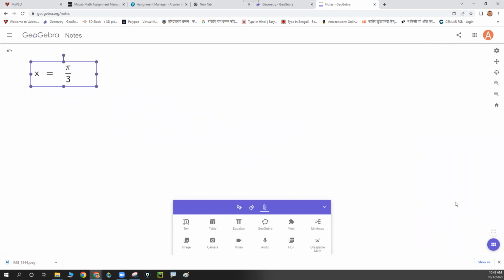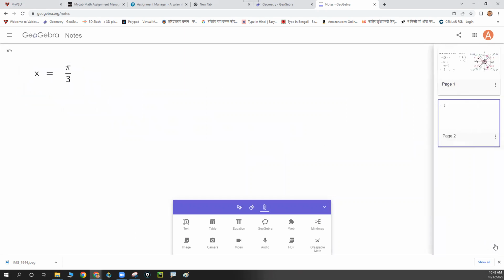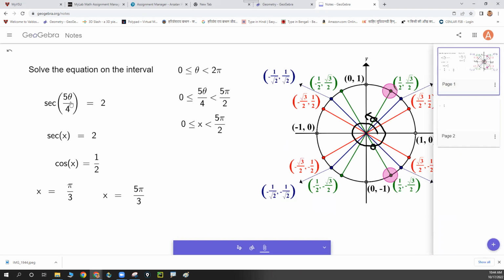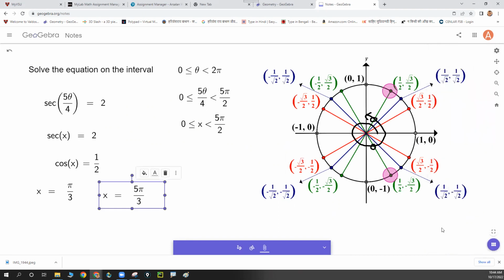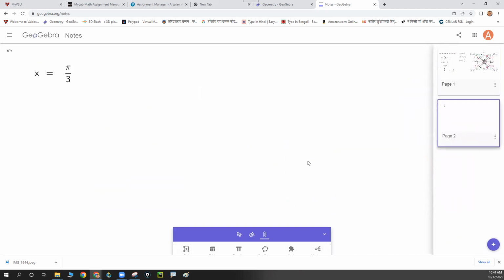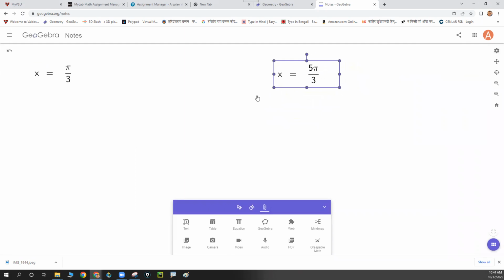So in our main question, remember guys, 5 theta over 4 was x, so I'm going to replace x with 5 theta over 4. And I have to do it twice, so I'm going to bring this here as well. Instead of x, I can write 5 theta over 4.